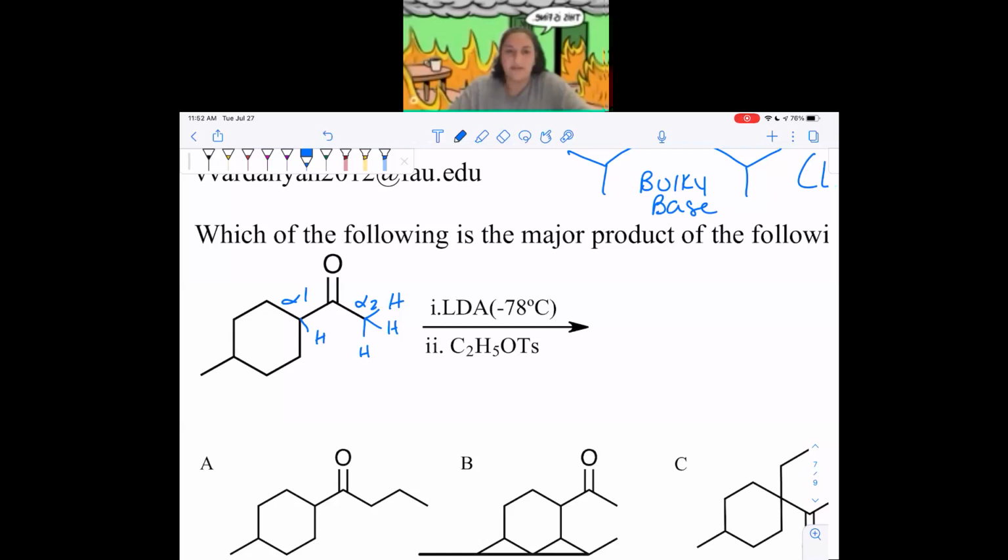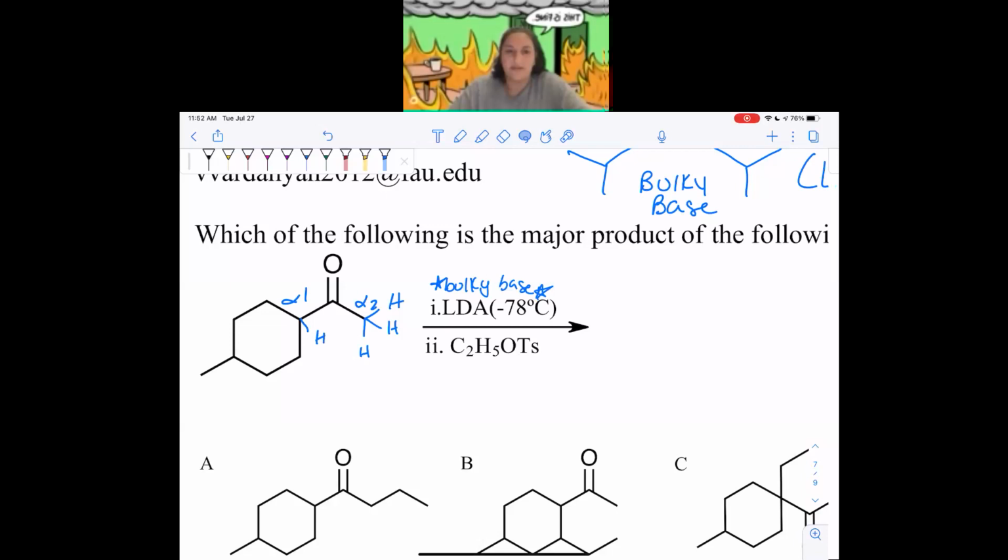Alpha 1, correct. But since we have a bulky base, we have to steal the least substituted side. So in this case, which alpha hydrogen are we going to take? Alpha 2, correct.